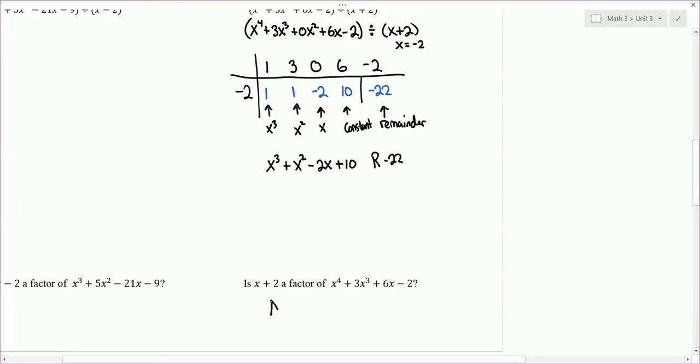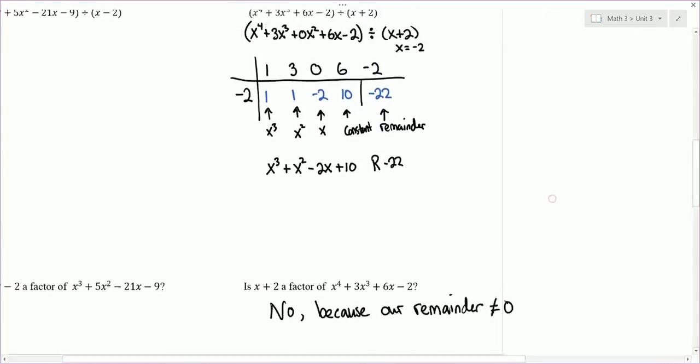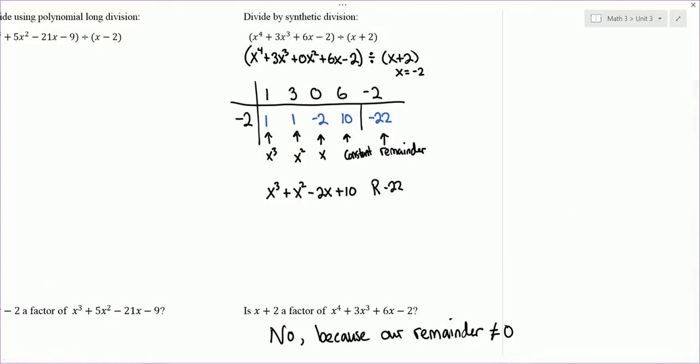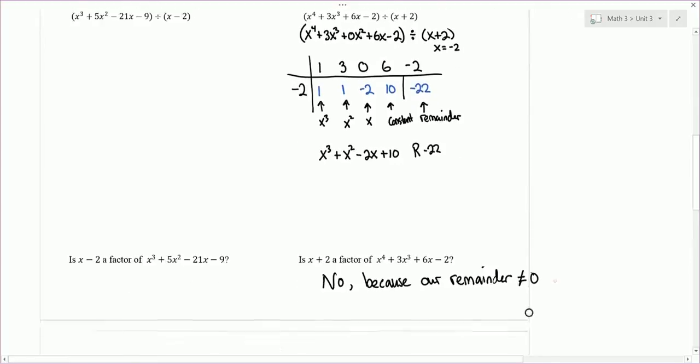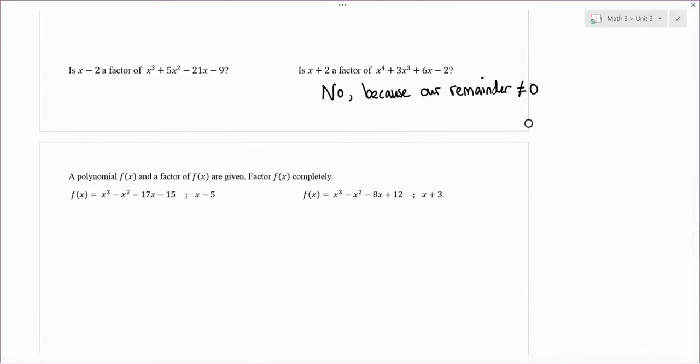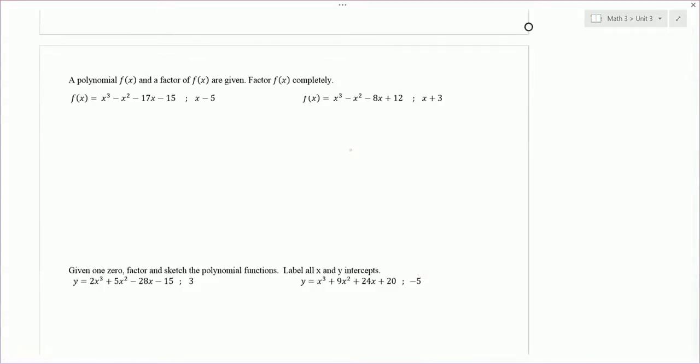Our answer is going to be no, because our remainder does not equal 0. We're most interested when our remainder is 0. If you have a remainder of 0, you're looking at a factor. If it's not 0, then it's not a factor.